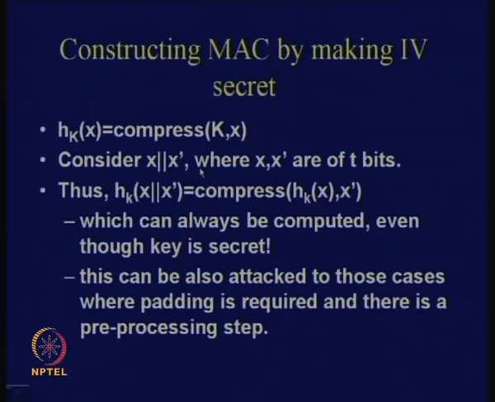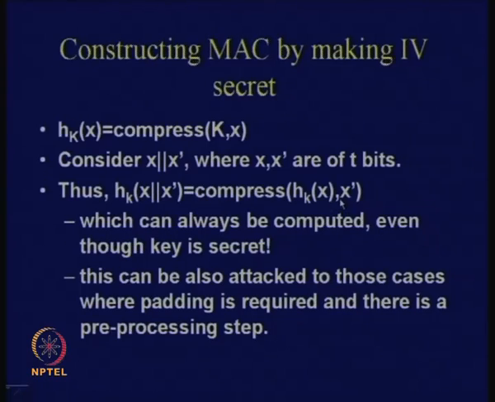Now consider another message, x appended by x dash. Assume that x and x dash are both t bits, as we have assumed already. What will be the value of the corresponding MAC of x appended with x dash? It will be compress applied over h(k||x) and x dash.